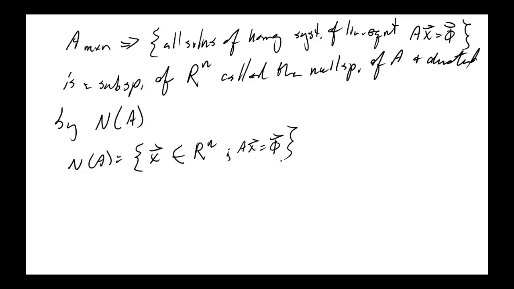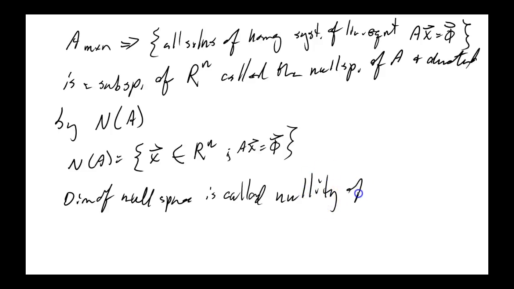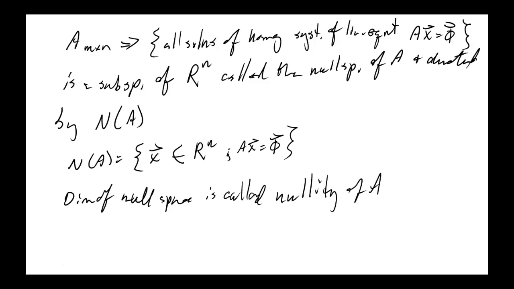The dimension of the null space of A is called the nullity. Nullity of A. I think I got too many syllables, I don't know how you say it.